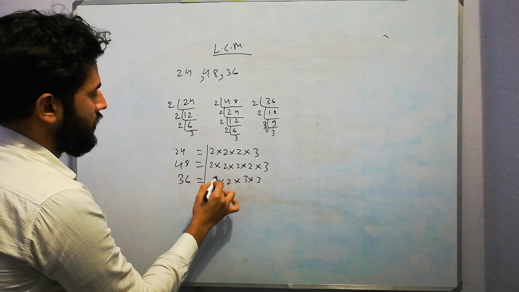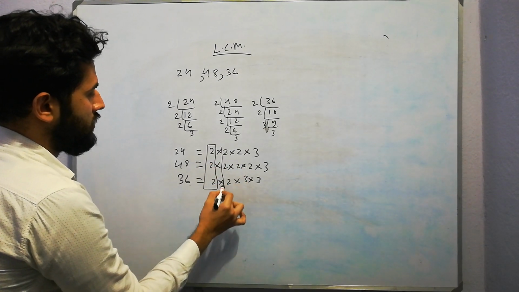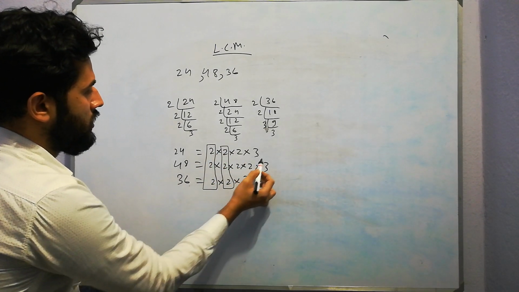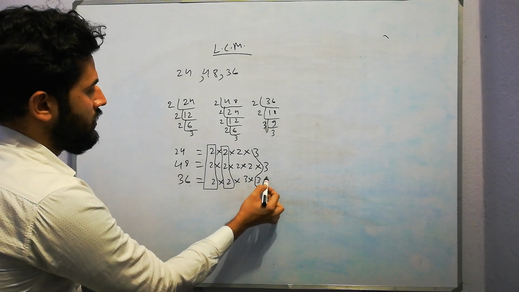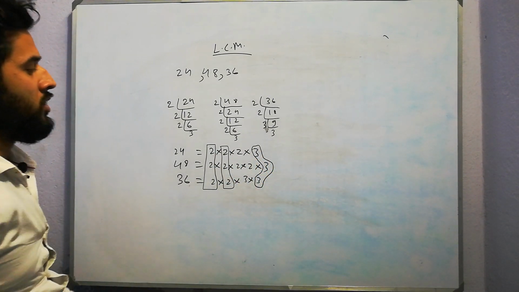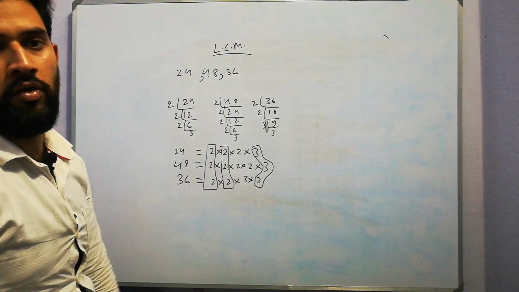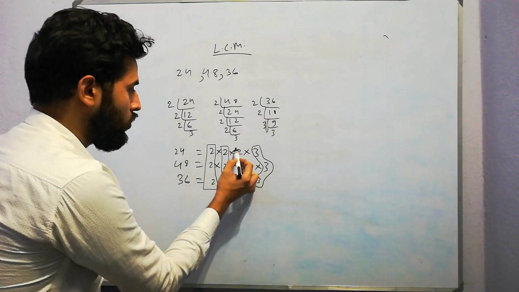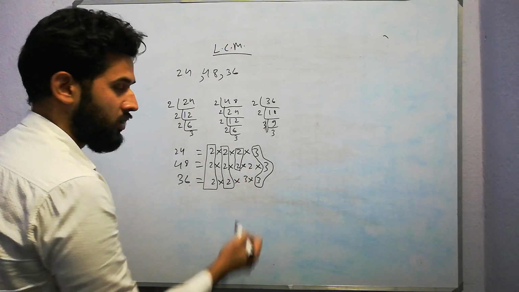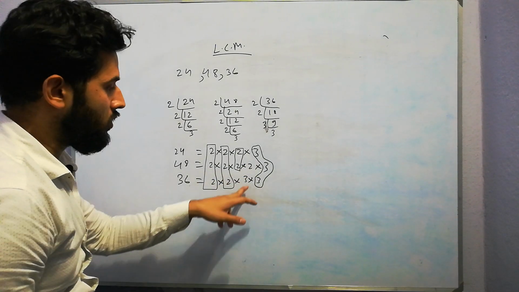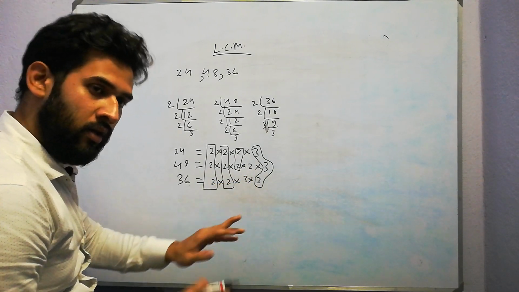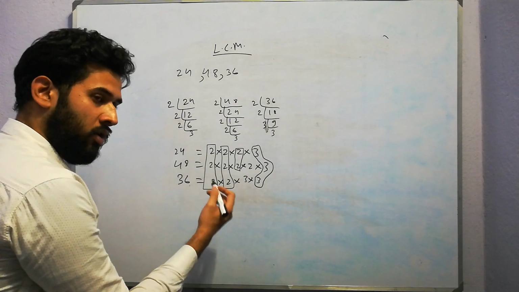So first, 3 will be taken common. If a 2 goes common in a column, we take that also. If nothing goes common, like the 2 and 3 that remain here, we take those also.